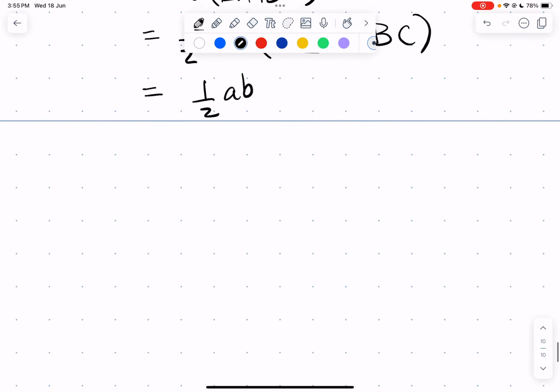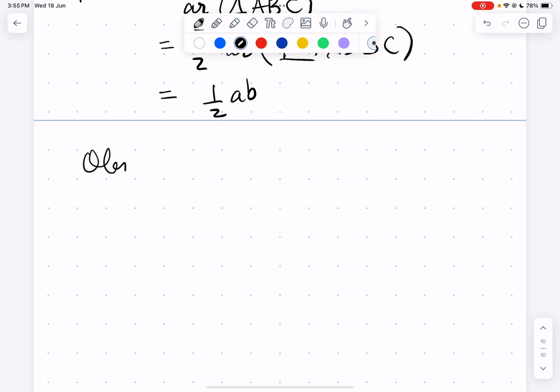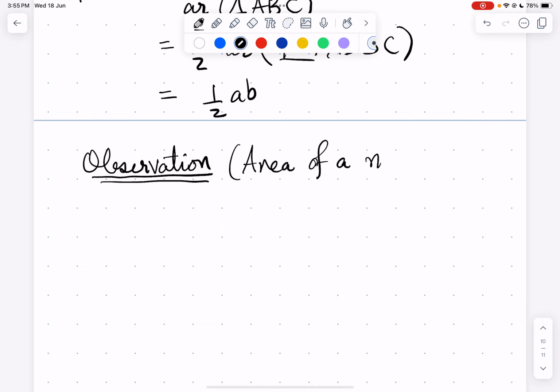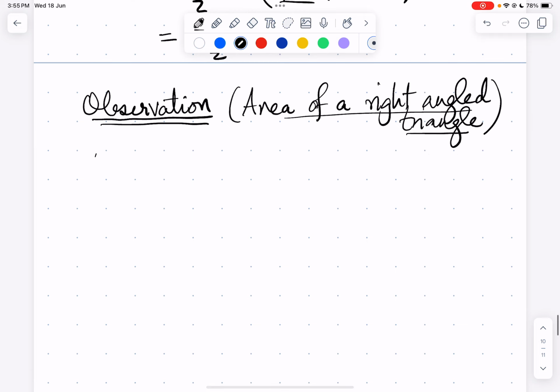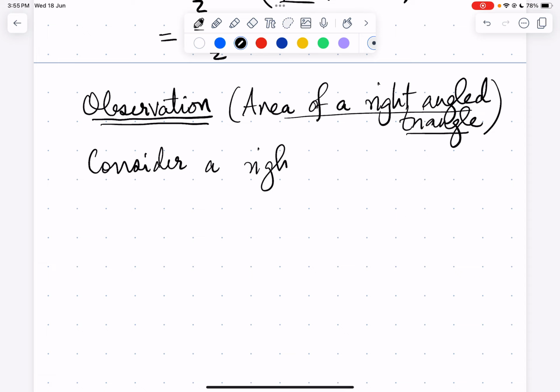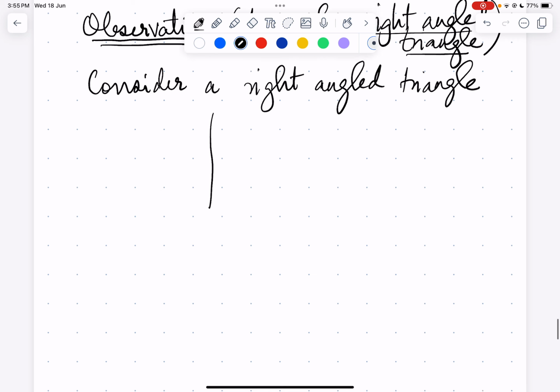So we have this observation. Area of a right angle triangle. Consider a right angle triangle.